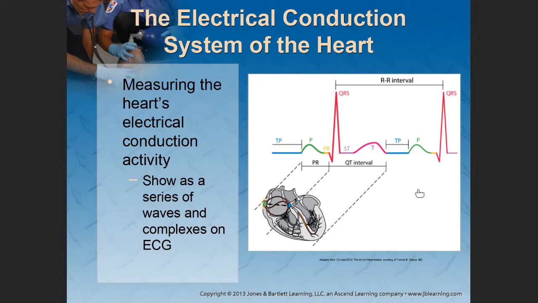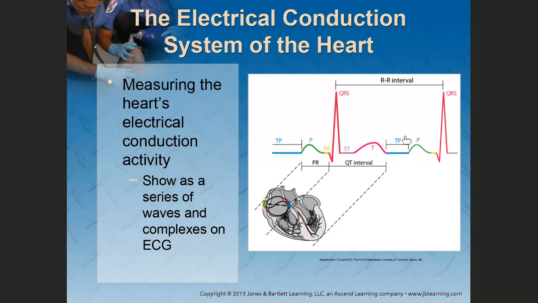Now, as it relates to the basics of the ECG, before you can look at an ECG, you need to know what the waveforms represent on the ECG. On this diagram, you will see multiple waveforms. You can see a P wave, a PR segment, a QRS complex, an ST segment, a T wave, and a TP segment, which we're not going to focus too much on.